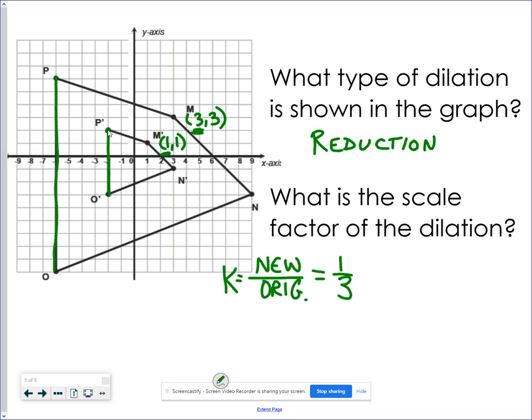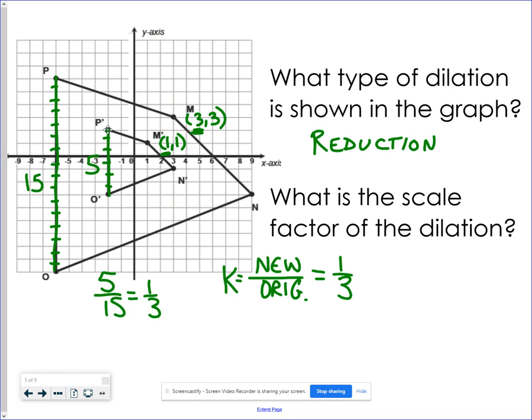Now, if I take a look at my segments, I would have 1, 2, 3, 4, 5 for this length. This one is, I'm going to go 1, 2, 3, 4, 5, 7, 8, 9, 10, 11, 12, 13, 14, 15. So that new over original also would give me that same scale factor of 1/3.